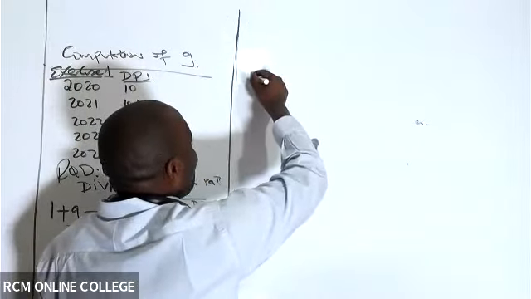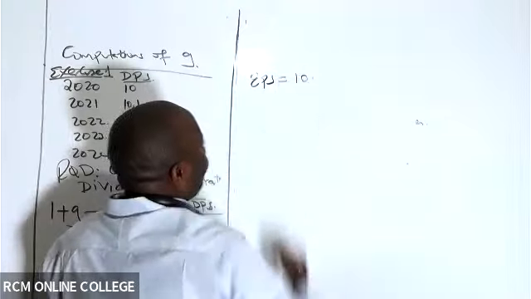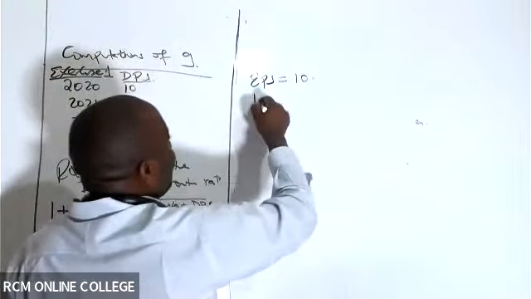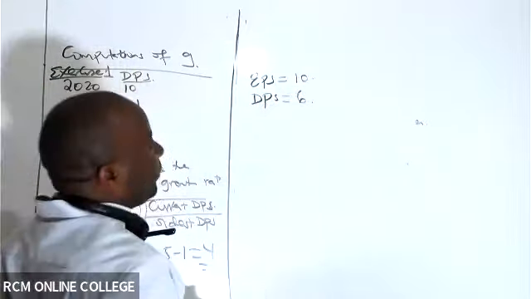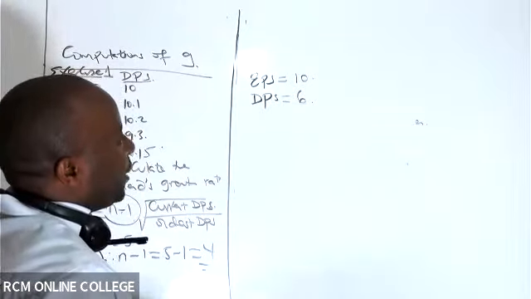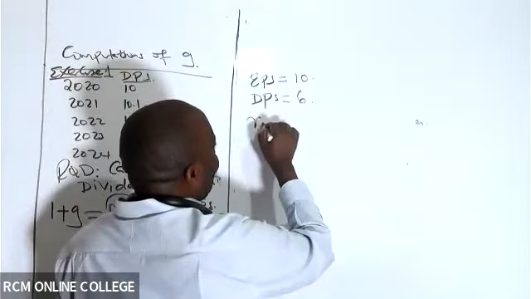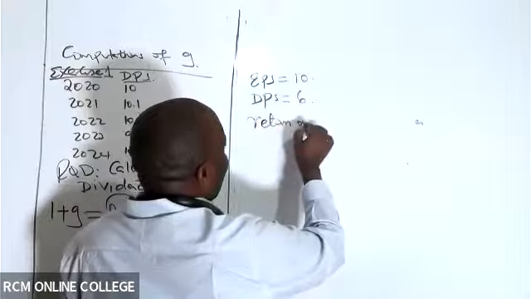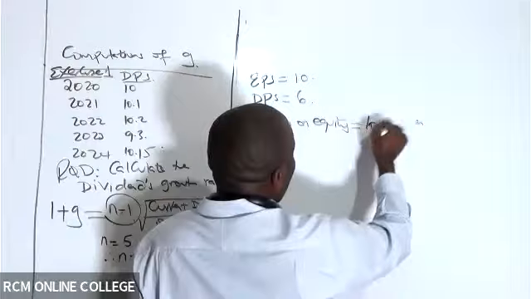Let's see here. We are given a situation where EPS is 10, dividends paid 6, return on equity is 10%.